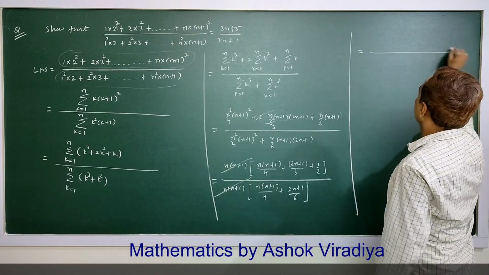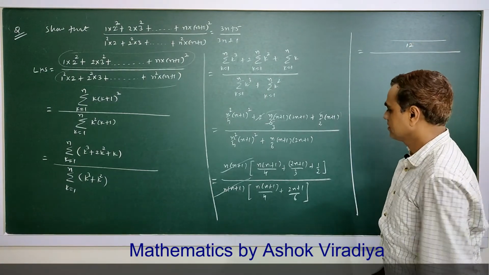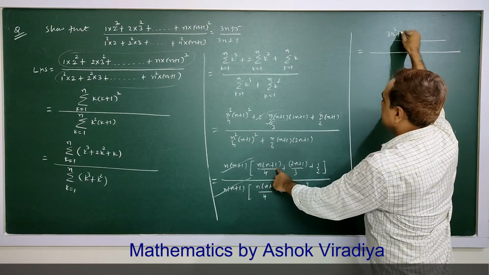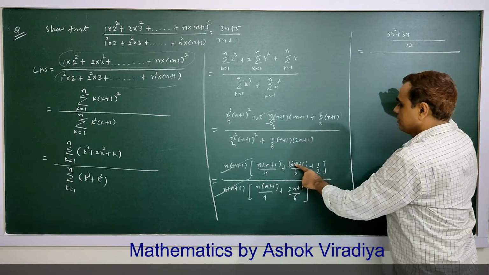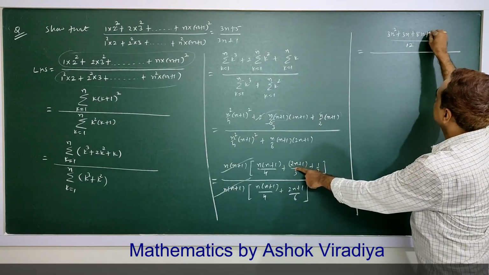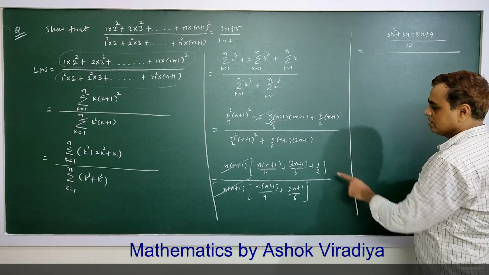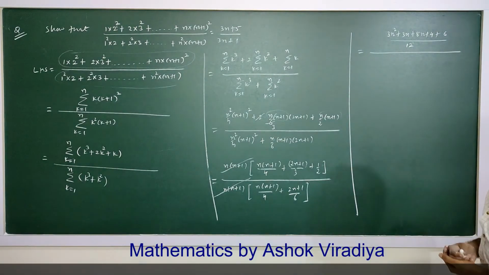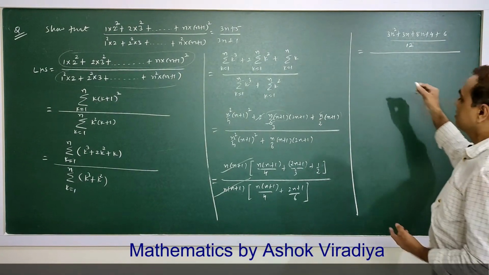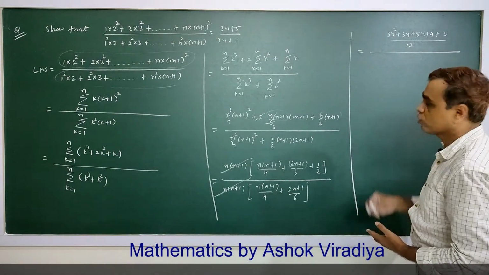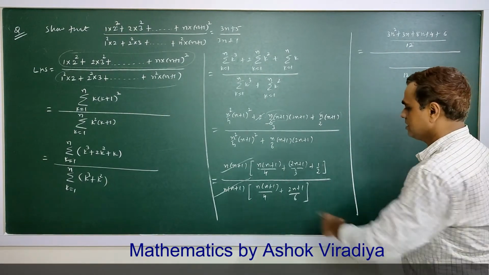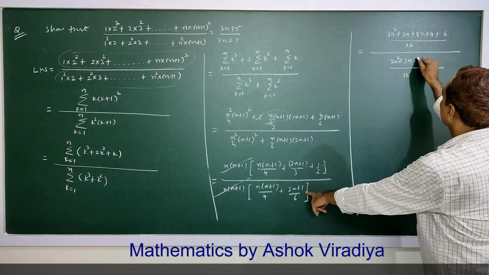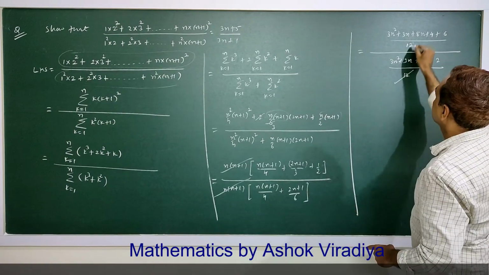In the numerator, the first term is multiplied by 3, so 3n square plus 3n; the second is multiplied by 4, so 8n plus 4; the last is multiplied by 6, so plus 6. In the denominator, the LCM of 6 and 4 is also 12; the first term is multiplied by 3, so 3n square plus 3n; the second is multiplied by 2, so 4n plus 2, so the 12 is cancelled.